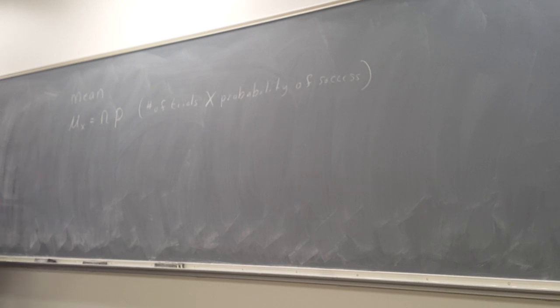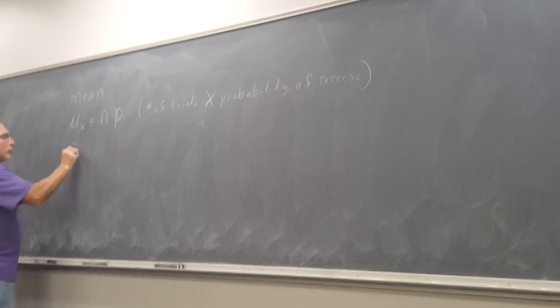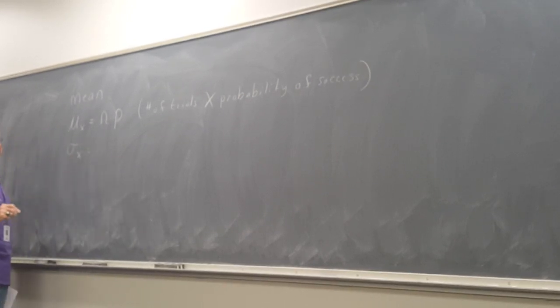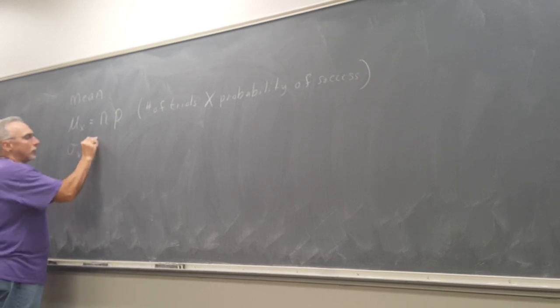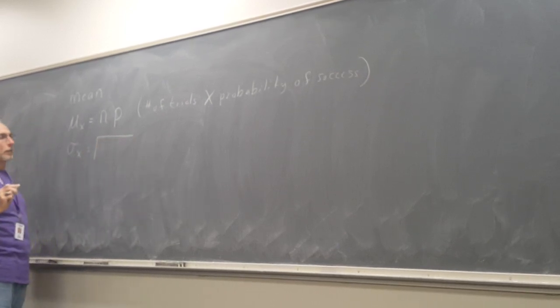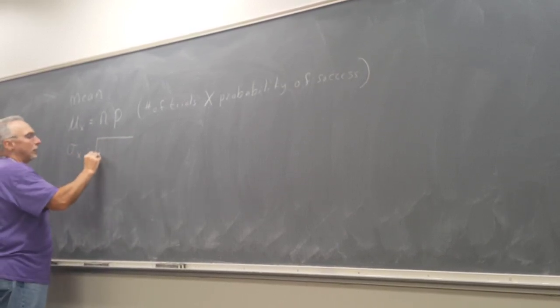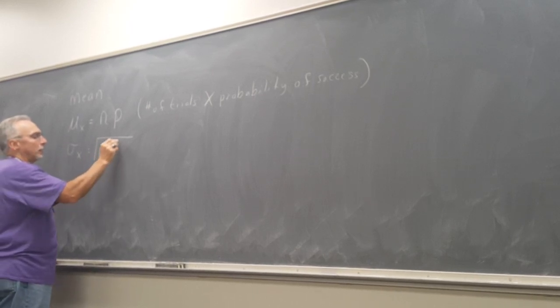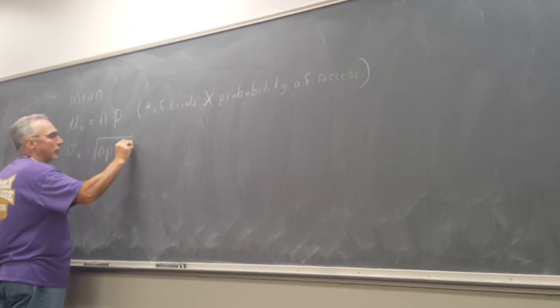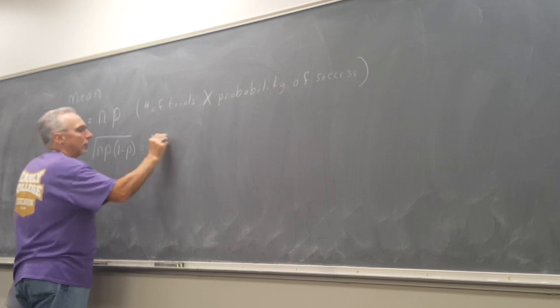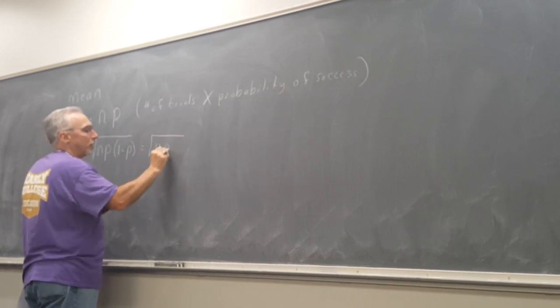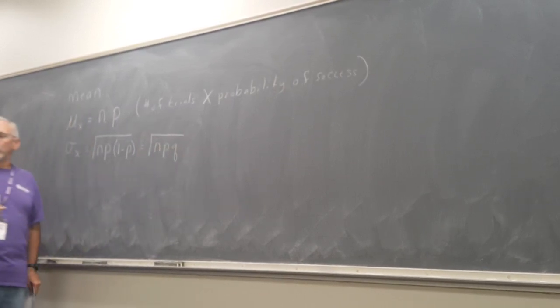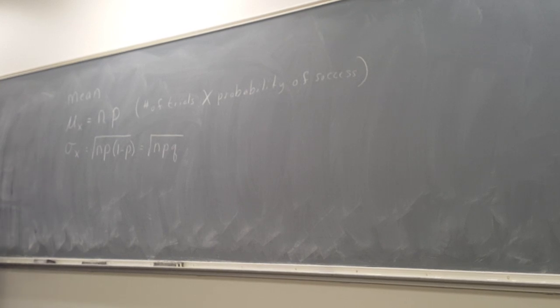Standard deviation, remember, is sigma. So the standard deviation is the square root of n times p times 1 minus p. And again, sometimes you see it written like this, npq. So that is my standard deviation.